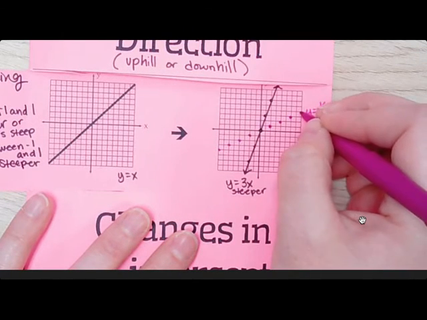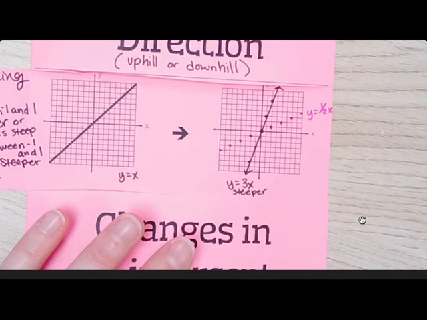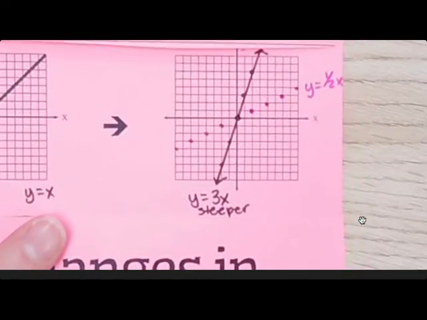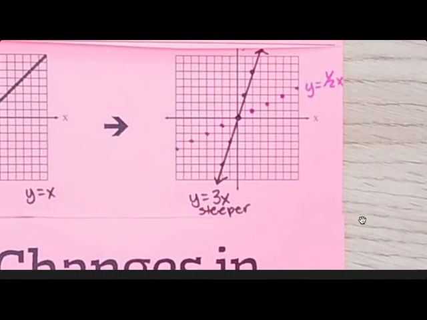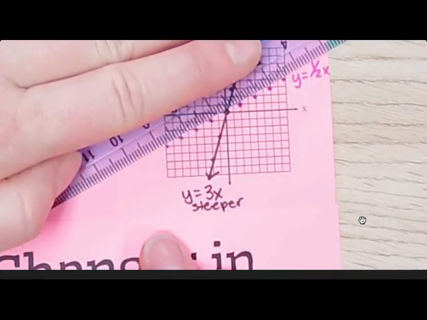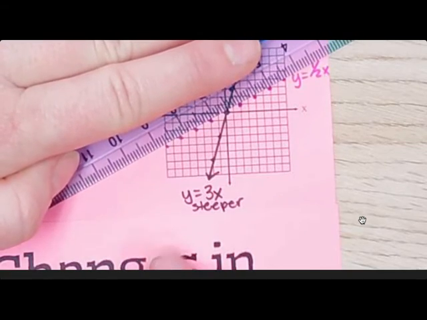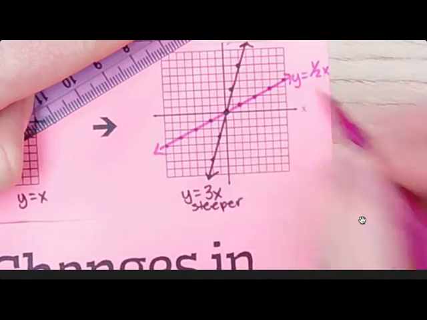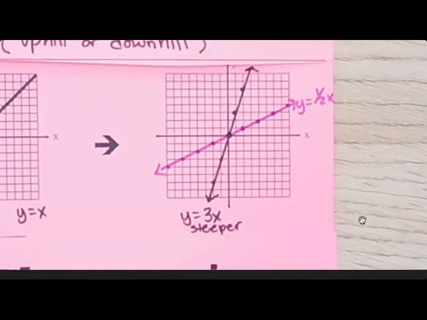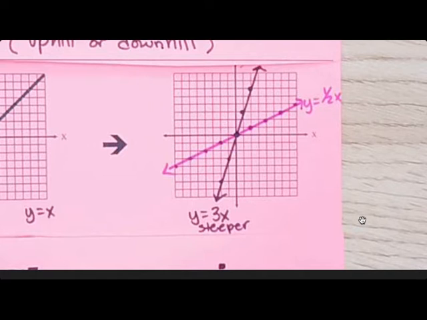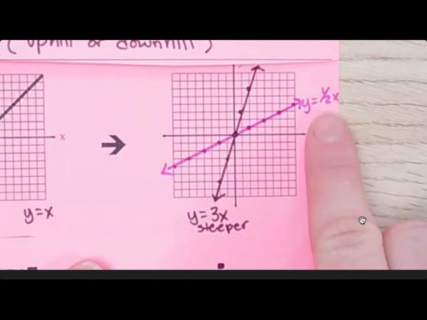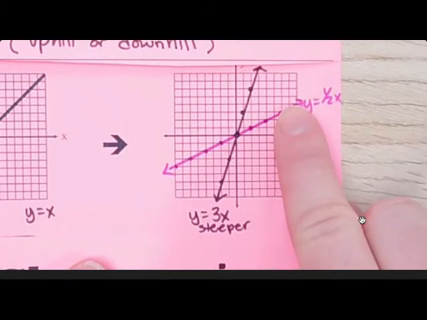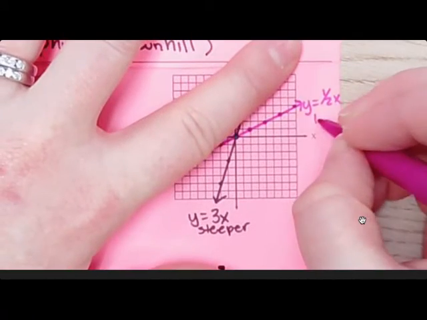You're just counting to get your slope. Then we connect the dots. When we have a number between -1 and 1, it makes it flatter or less steep. I'm going to put less steep.